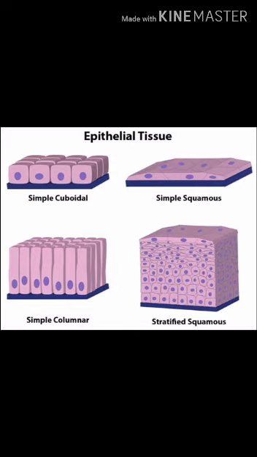Cuboidal epithelium, with cube-shaped cells, lines the kidney tubules and ducts of salivary glands, where it provides mechanical support. Epithelial cells often acquire additional specialization as gland cells, and this we call glandular epithelium.